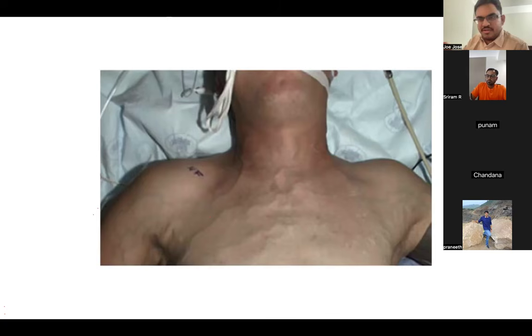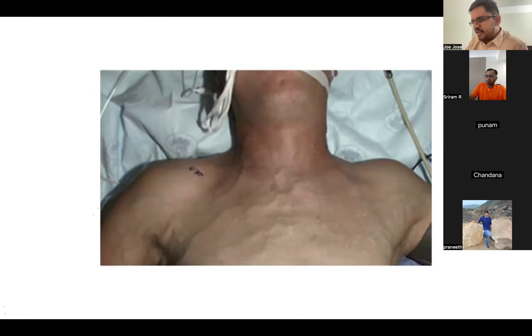Tumors like lymphomas can be managed with chemotherapy alone. Once you start the steroids, they'll respond, right? If you have something like a lung cancer, then you can give palliative RT to the mass, or you can give chemotherapy along with that. Then of course, like you mentioned, if it's grade 4, life threatening, we might need to do immediate stenting.